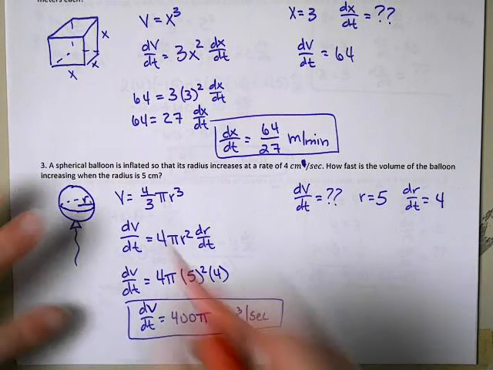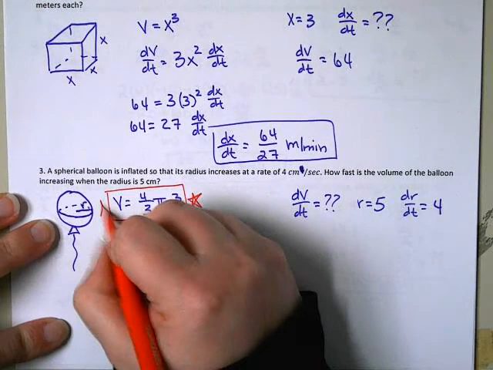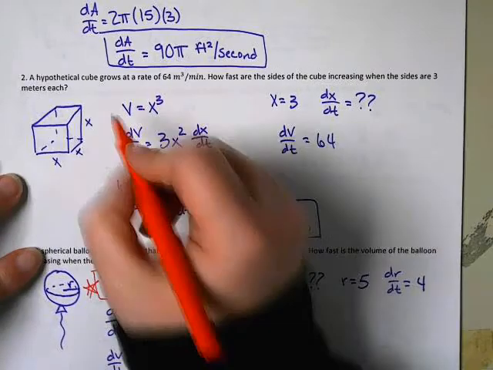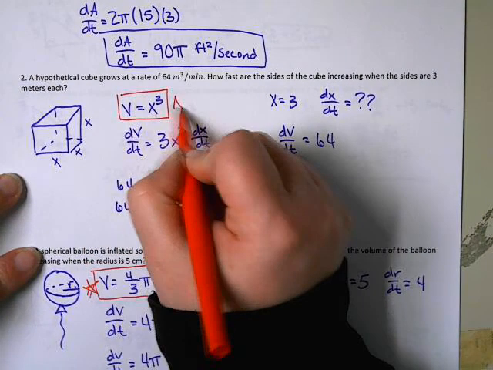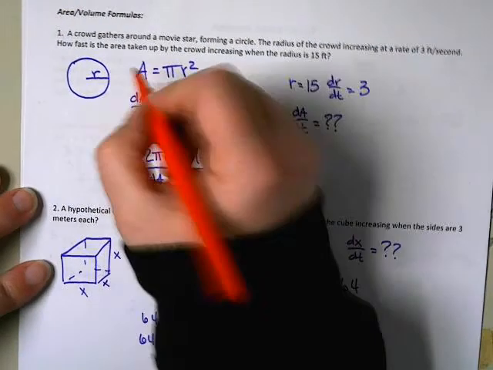So maybe do yourself a favor and box the formulas and put some stars by them. So that's a formula you need to know: volume of a sphere, volume of a cube, area of a circle.